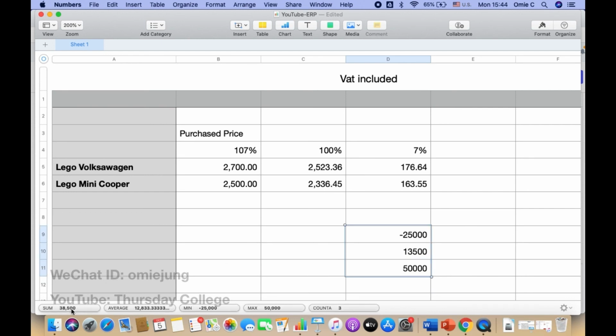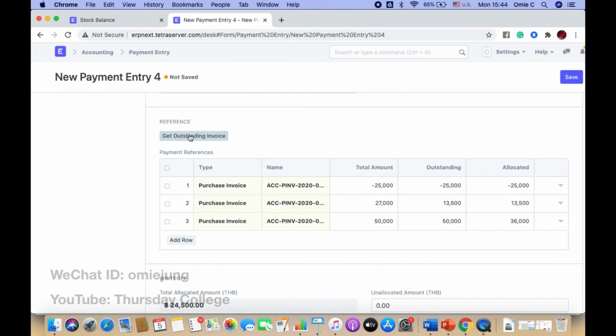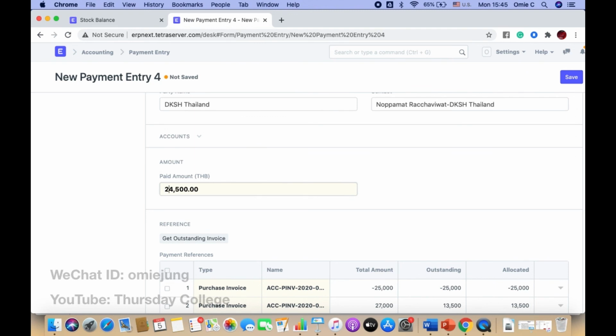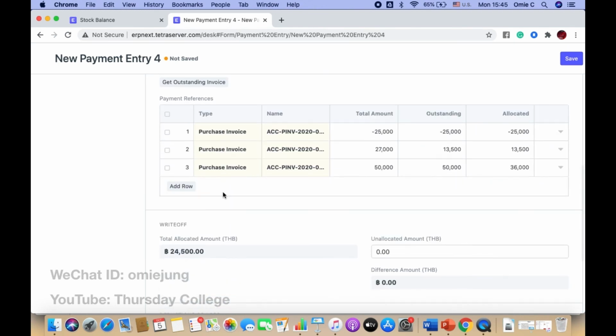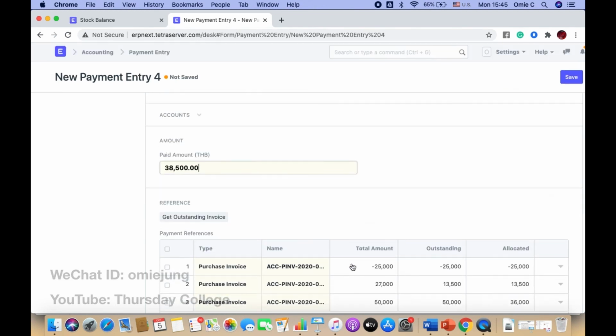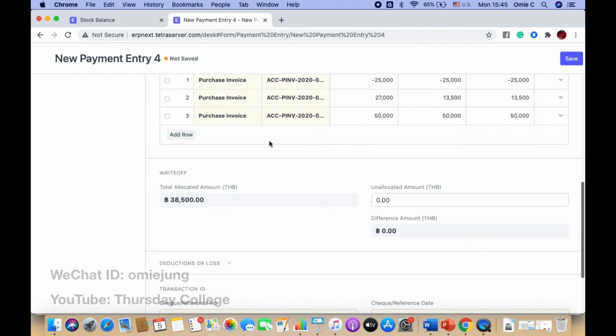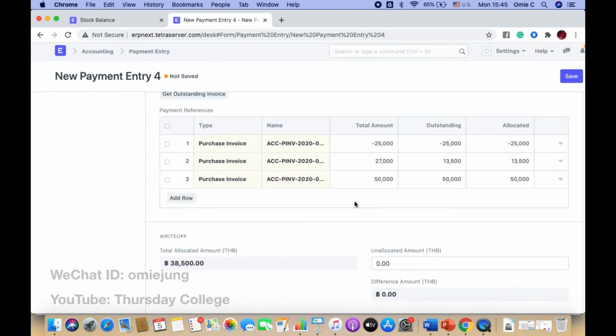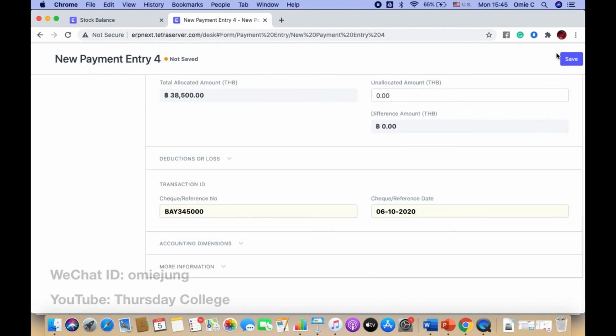Okay, so 385, sorry, not 345. 38500. Okay, so suppose that I want to pay all, so this one means I pay all of the money in here, 38500. If I pay it, it means I clear the debt with this one.